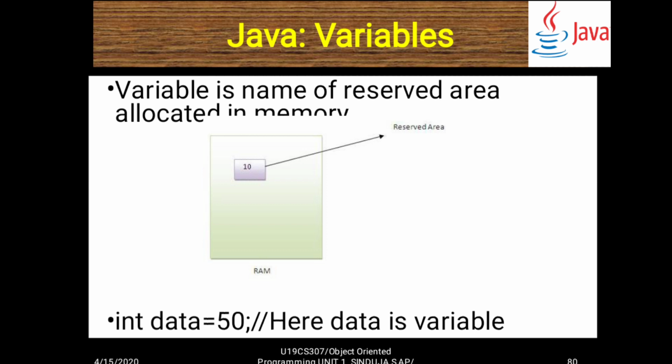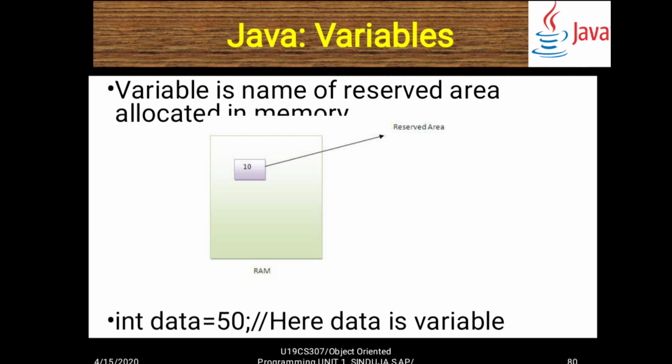When your program is executing, it will be converted into machine level language, and your variables will all be brought up into main memory. The main memory is nothing but your RAM. So at the time of compilation or runtime, your variables will be created and allocated with the values you have specified in the program.